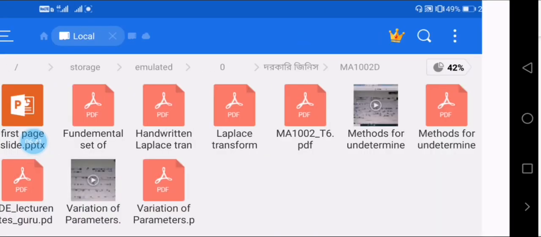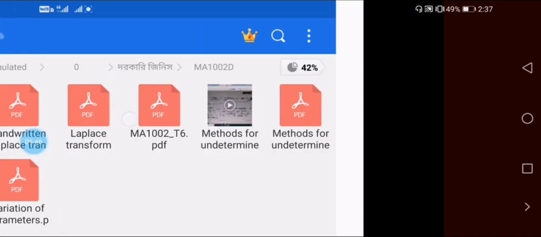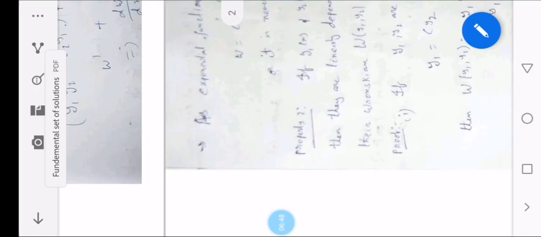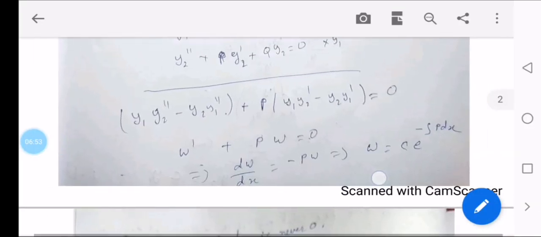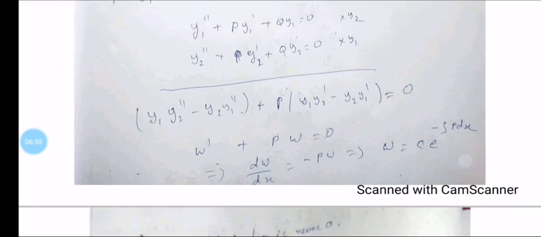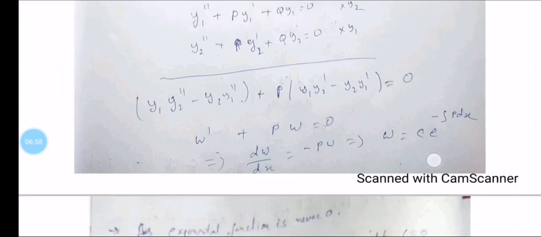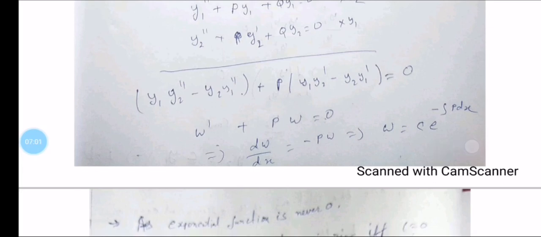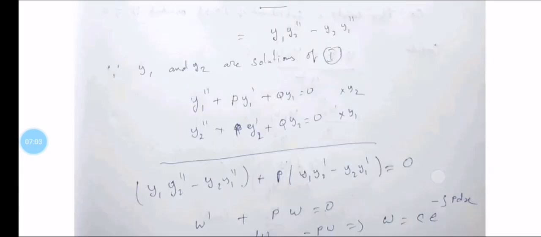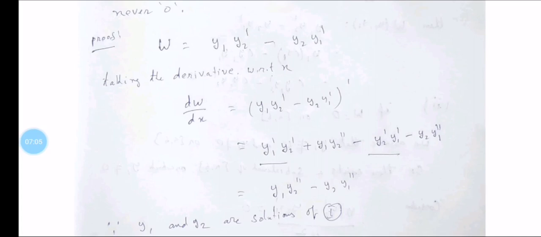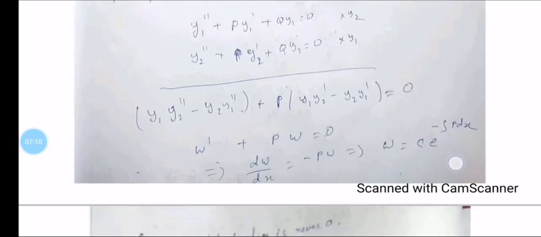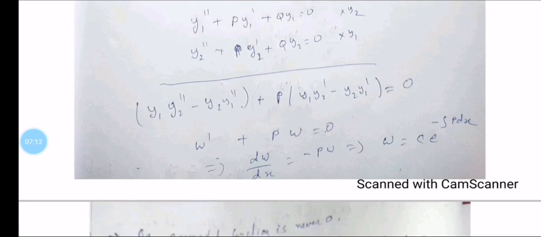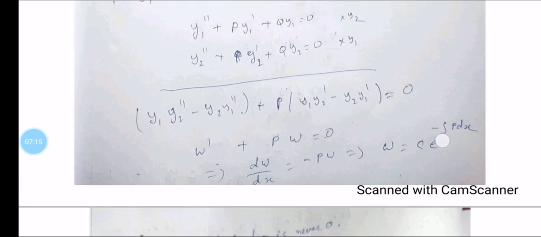This solution can be seen from this. So W = c e^(-∫p dx), which is the answer to that assignment question, where p is constant, so this will be -px.